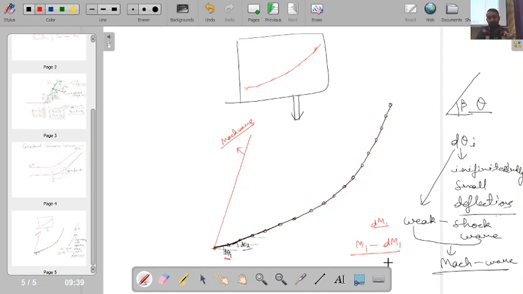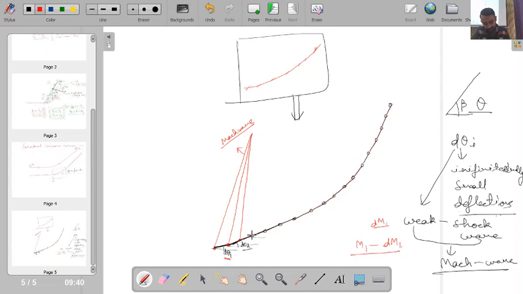So if this decrease is small, whatever new shock wave forms is experiencing a Mach number of M1 minus dM1. So it will have a slightly larger Mach angle, and it will move something like this. Then another Mach wave, but that will have a slightly larger Mach angle. Okay, this we have seen earlier also. In our first slide I told you that as I keep moving downstream of a shock wave, the angle of the Mach wave will keep on increasing.